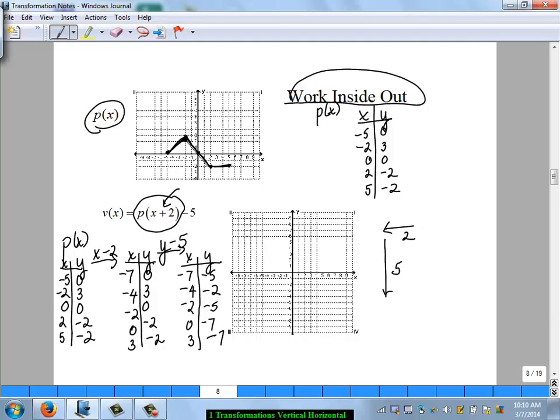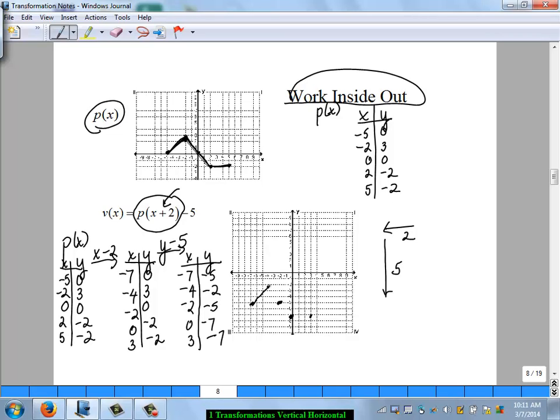So let's try. So I get negative 7, negative 5. Then I get negative 4, negative 2, negative 2, negative 5, 0, negative 7, 3, negative 7.